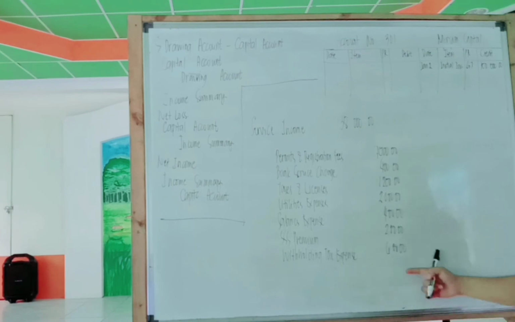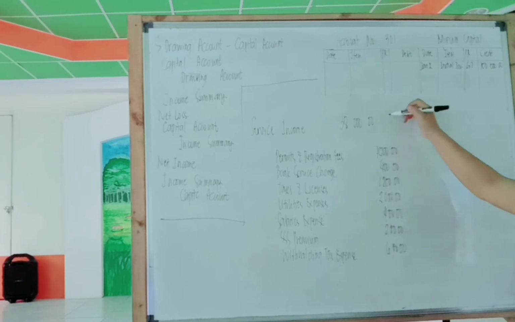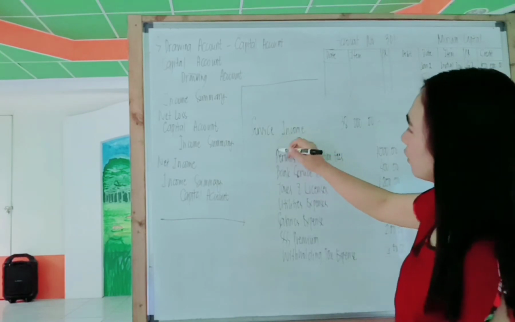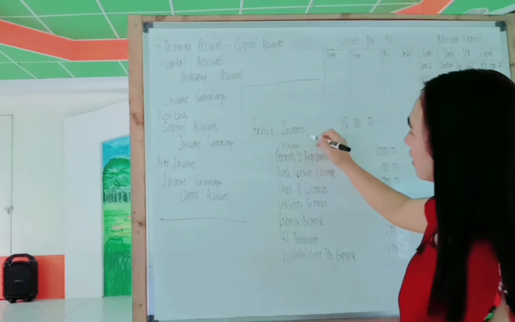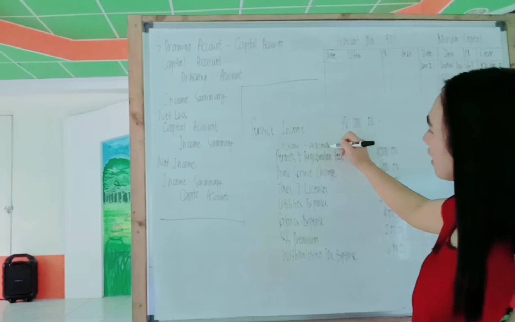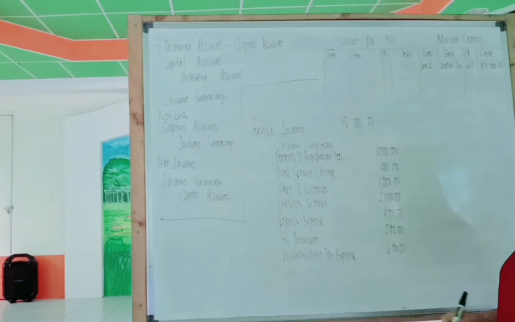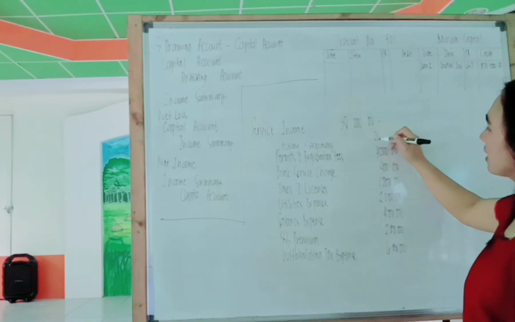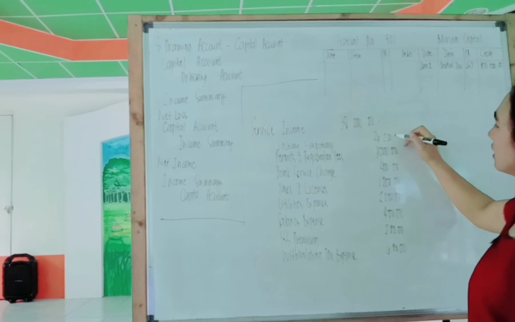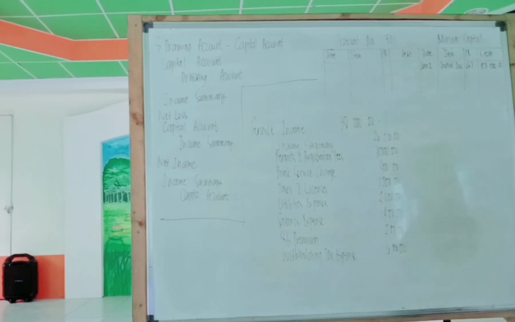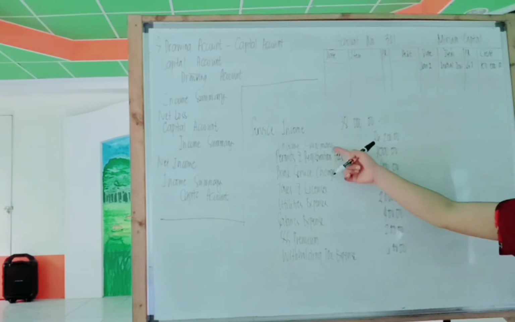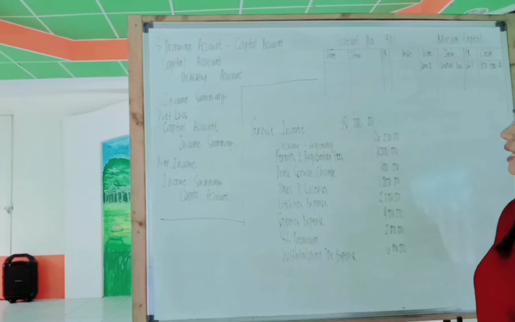Computing all of this, mas malaki si debit side. So, ilalagay natin yung income summary natin sa credit side natin. Anong ibig sabihin yan? May net income tayo na 26,200 pesos. Ayan. And then after that, sabi natin, ang susunod is i-close natin si income summary sa capital account.